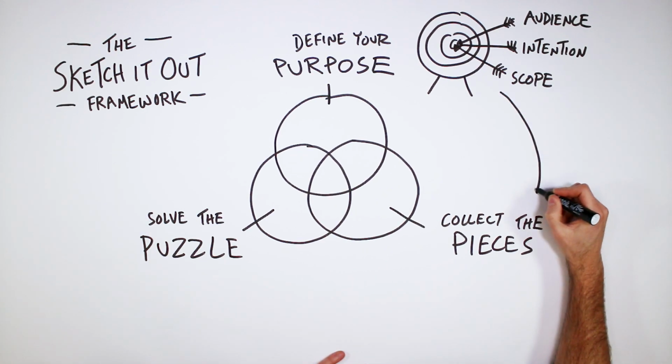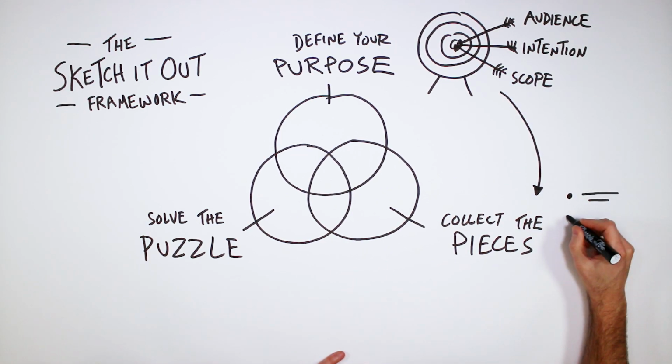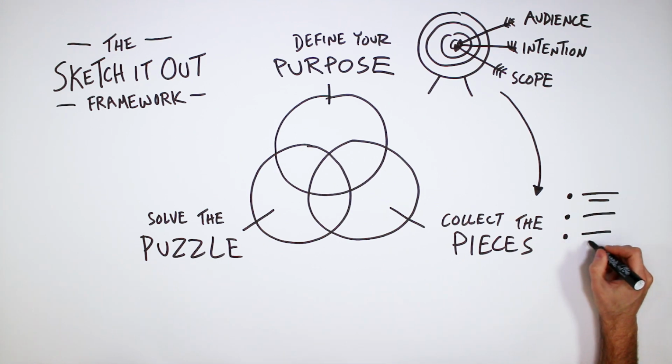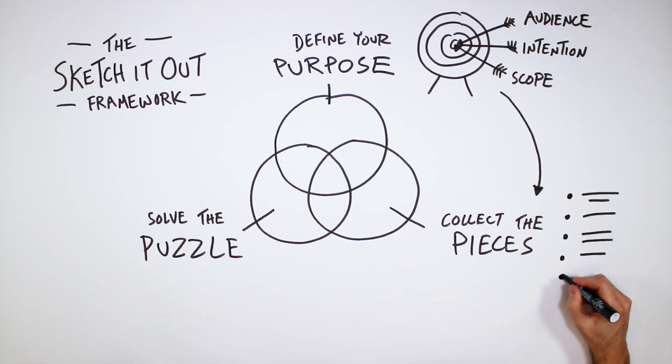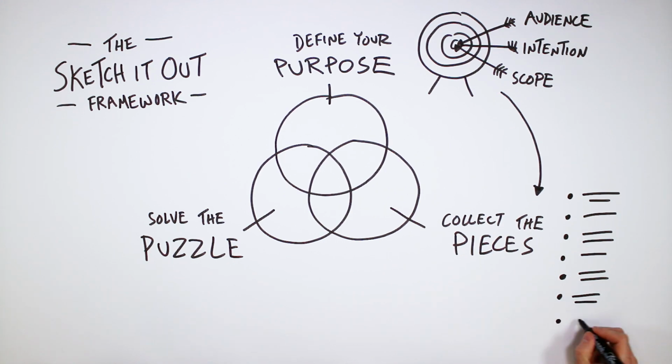Next, we move to collecting the pieces. And this could be as simple as jotting down a bullet point list of the who and the what. What are the individual ideas that you're working with? What are the details? This is where you just jot everything down so that you can see everything you're working with.